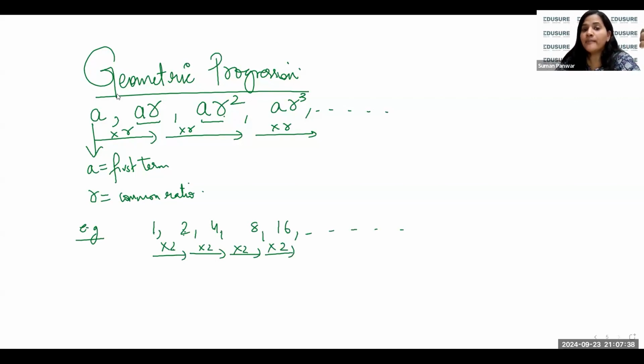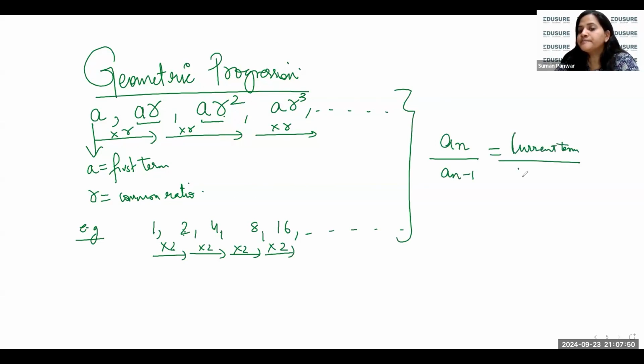So what should happen here? The nth term divided by the n minus 1th term, that means the current term divided by the previous term, should be equal to r. And this r is known as the common ratio.